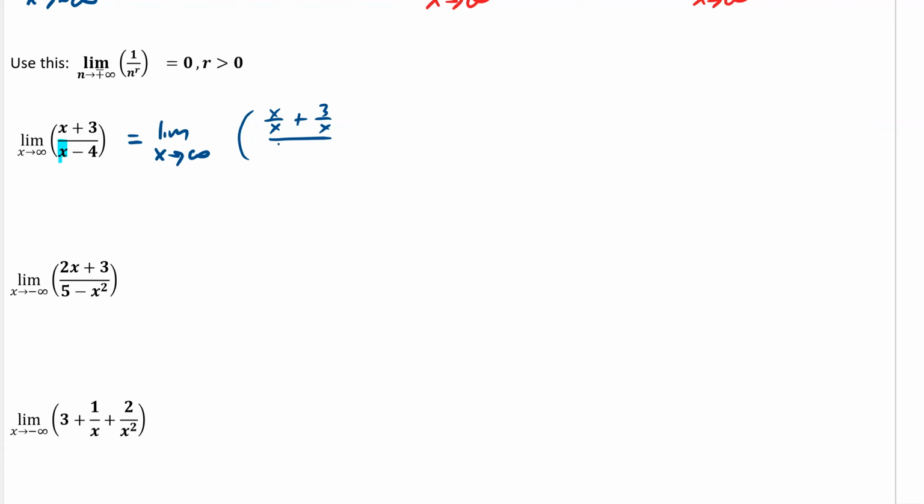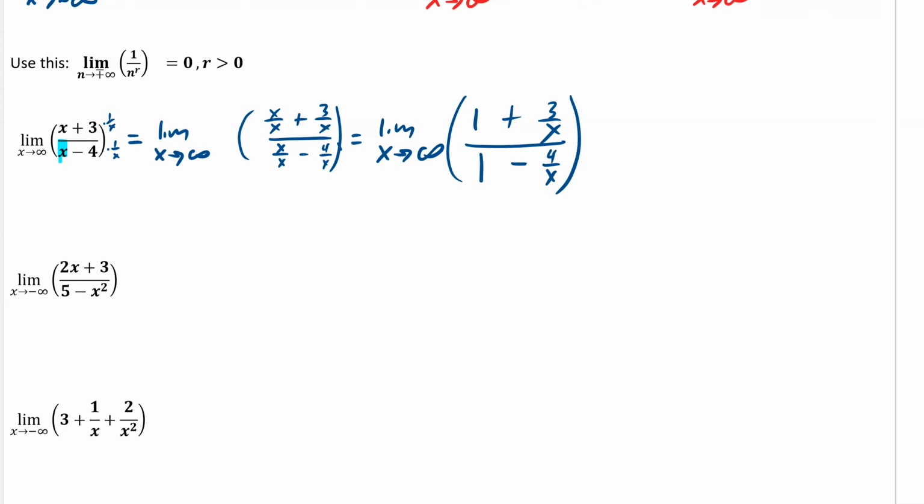So what we're doing is multiplying the top and the bottom by 1 over x. Now if you simplify this, we get 1 plus 3 over x, and then 1 minus 4 over x.